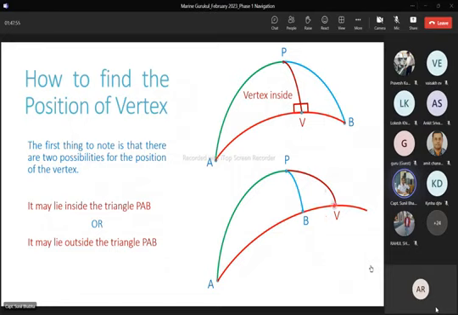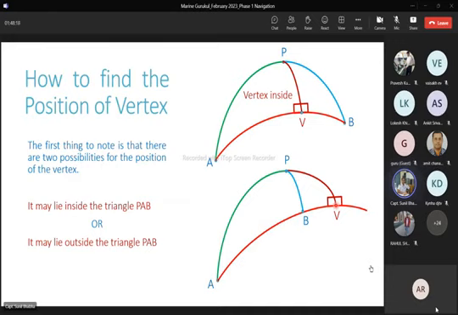The maroon color arc which you see, PV, is the meridian of the vertex, and we know that the meridian cuts the great circle at a right angle, 90 degrees, at the location of the vertex. Meridian runs north-south, great circle track runs east-west, and the angle of cut between them is 90 degrees. This is the second possibility.